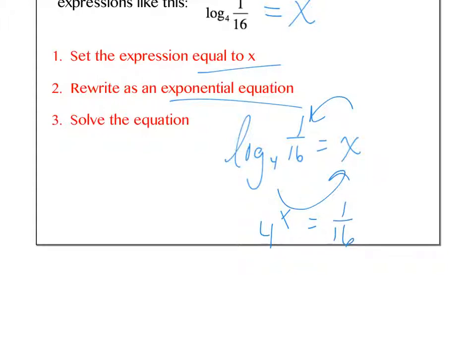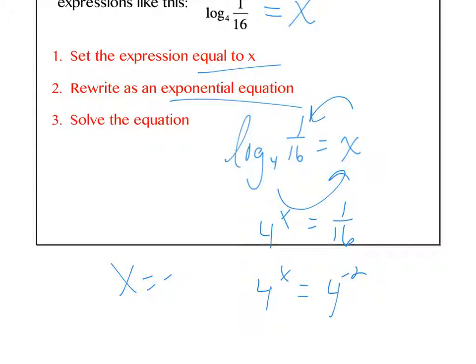And now we have an exponential equation that we learned how to solve back in section 7.2. We need common bases, and with 4 being my base and 1 over 16 on the other side of the equal sign, I can recreate common bases, and therefore x equals -2.